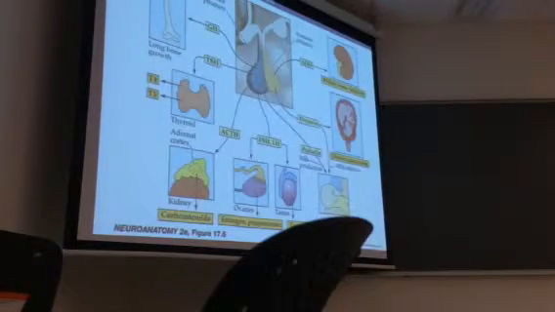All right, so those are the two hormones that are released in the posterior pituitary. Now the anterior pituitary is a bit more complex. We'll go through these. We'll look at a couple of others ultimately, but growth hormone. Growth hormone is an interesting hormone.